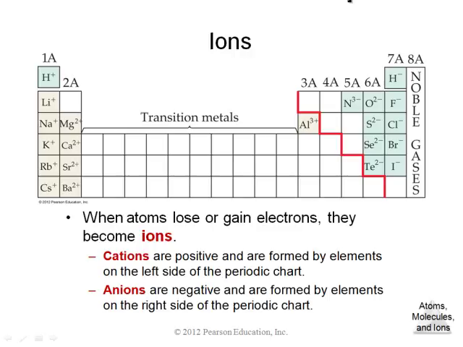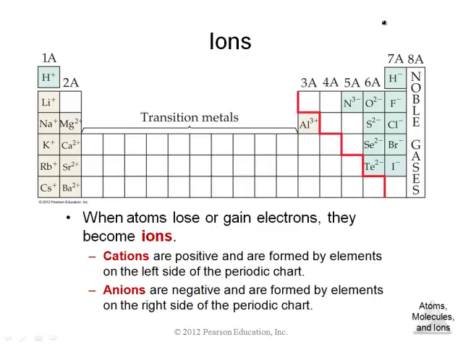Now hydrogen is special. It can form positive and negative ions. Most of the time it's positive, but it can form negative also, H minus. That time we will say hydrogen is kind of like the halogens. And then we have group 8A, noble gases, which do not form ions.